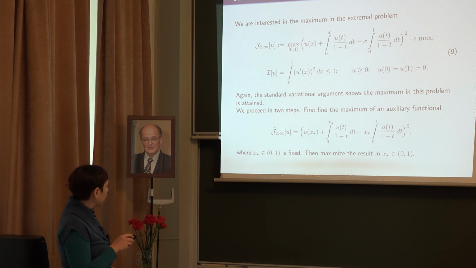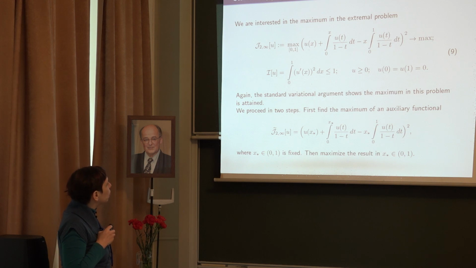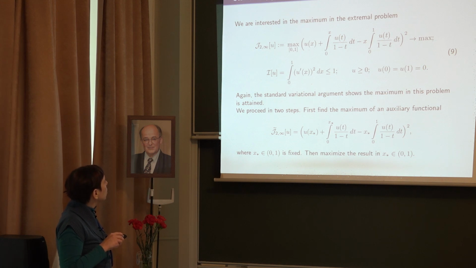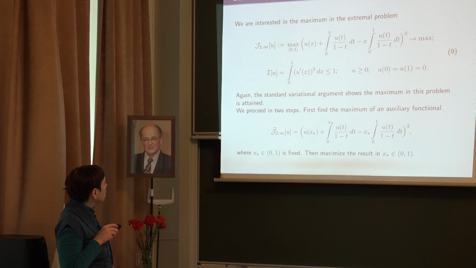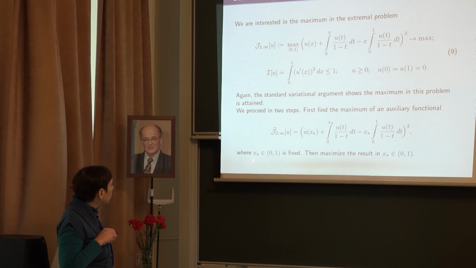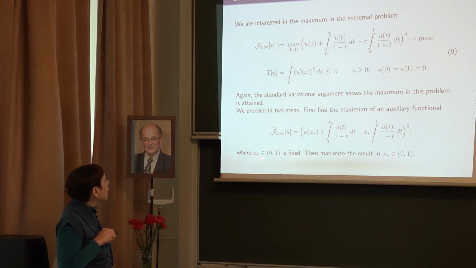First of all, as is the usual procedure for supremum type statistics, we find the maximum for the auxiliary functional of this sort, because our test statistic is a max type statistic. We fix x star, and then we maximize the result in this x star.